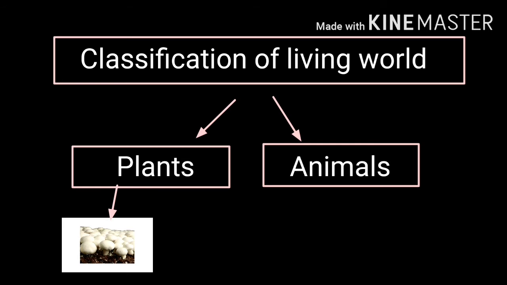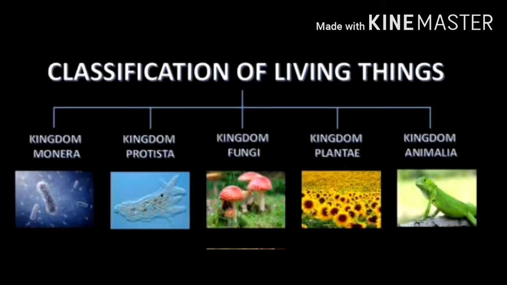It depends on others for its food. So to remove this difficulty, all the living organisms are classified under 5 broad divisions, and these 5 divisions are known as kingdoms. Kingdom Monera, Kingdom Protista, Kingdom Fungi, Kingdom Plantae, and Kingdom Animalia.